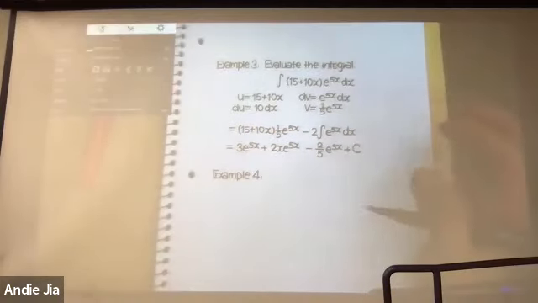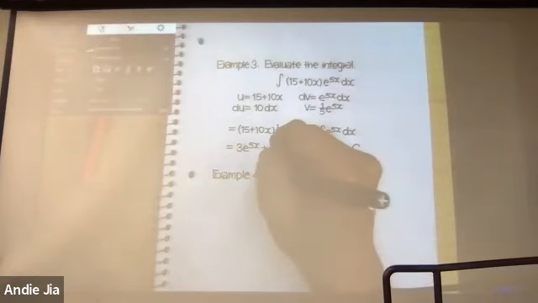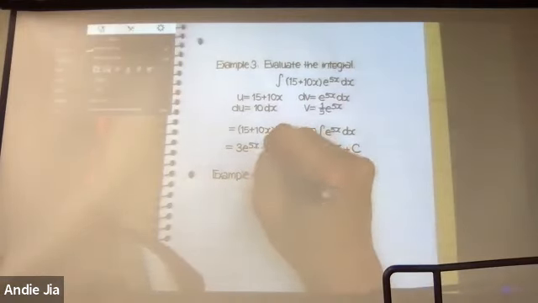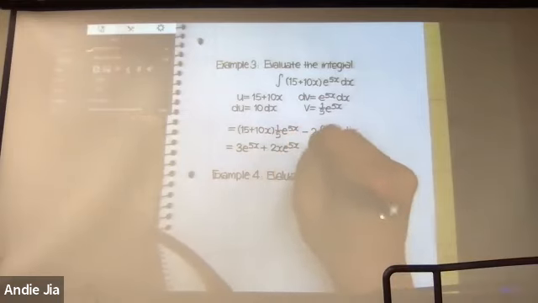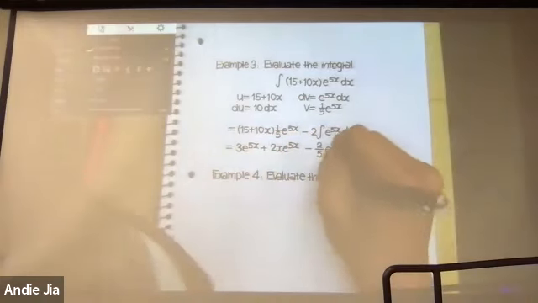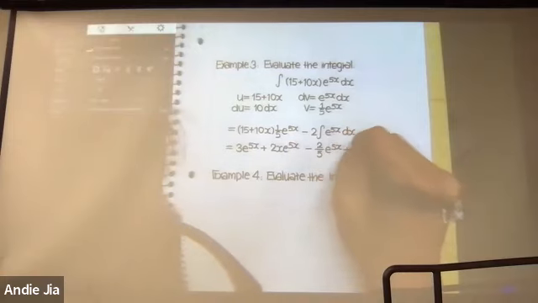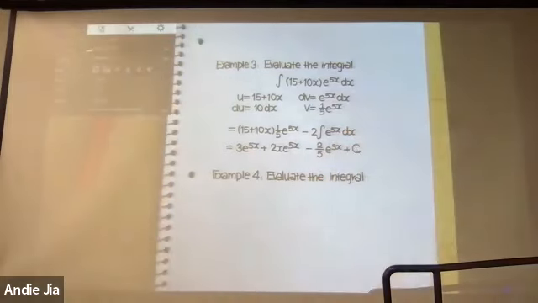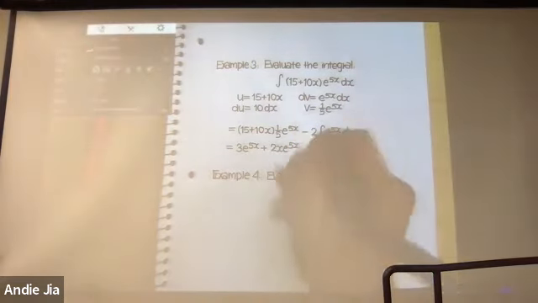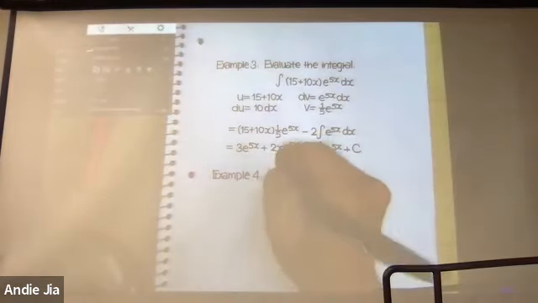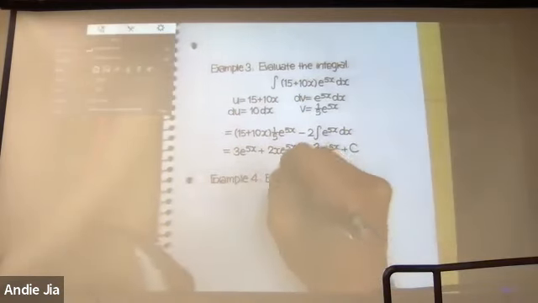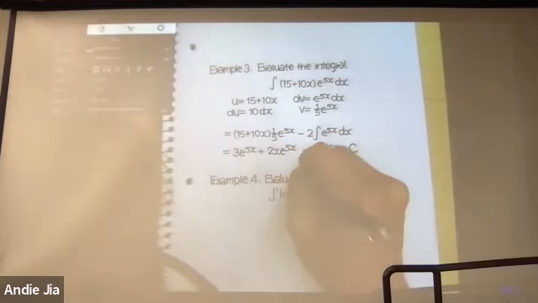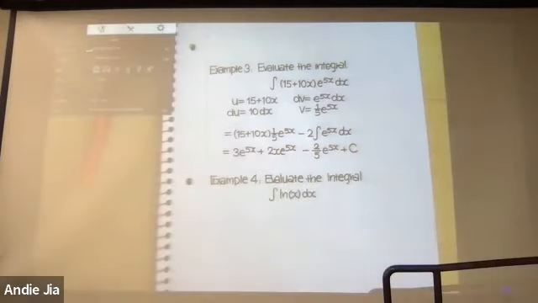Evaluate the integral of natural log of x dx.